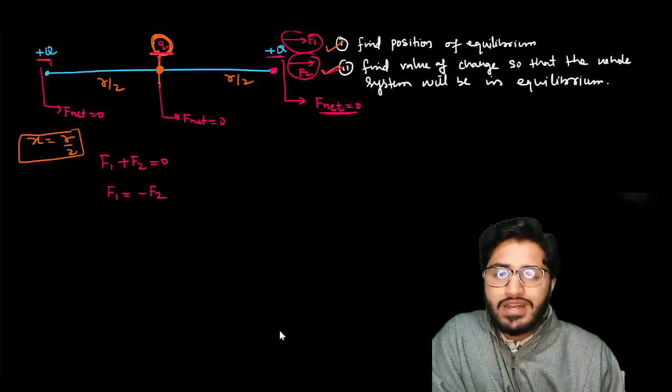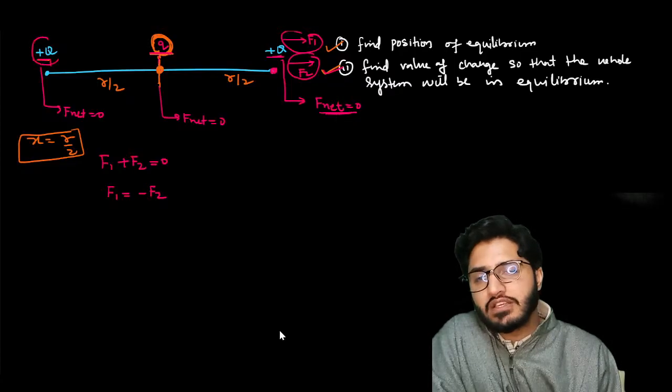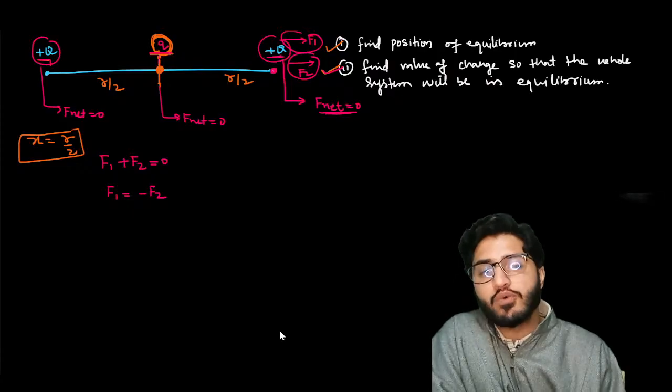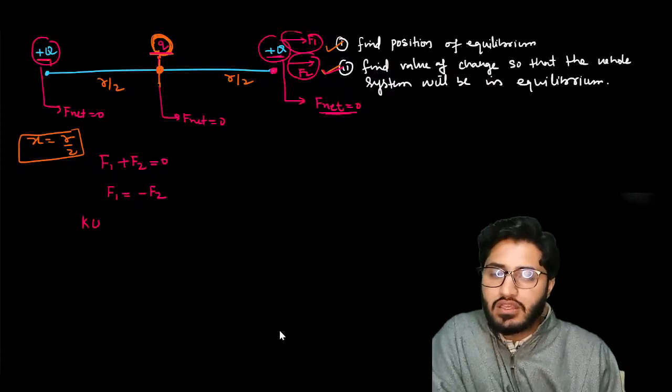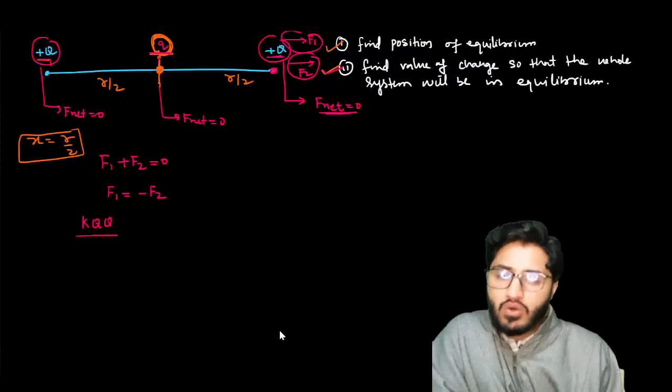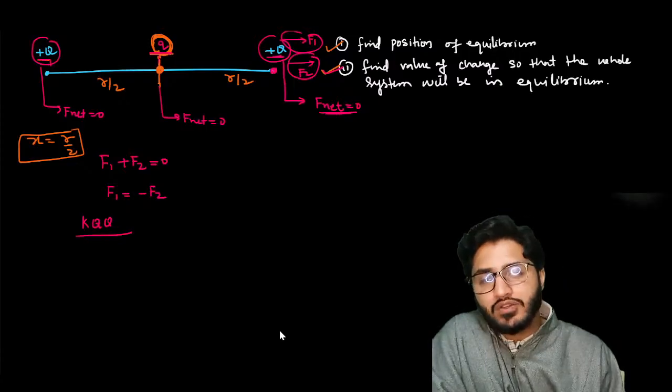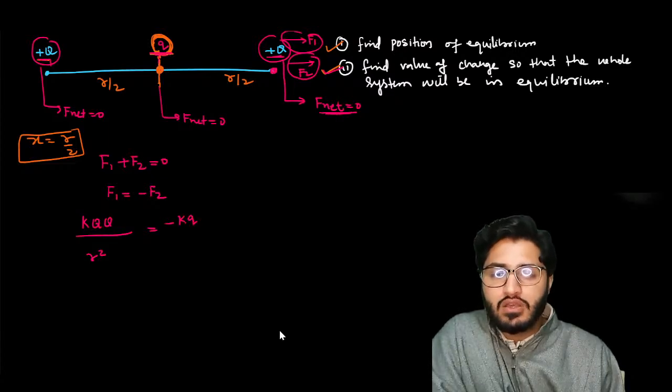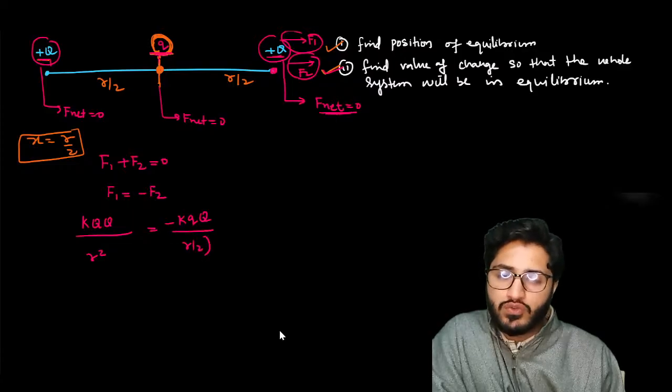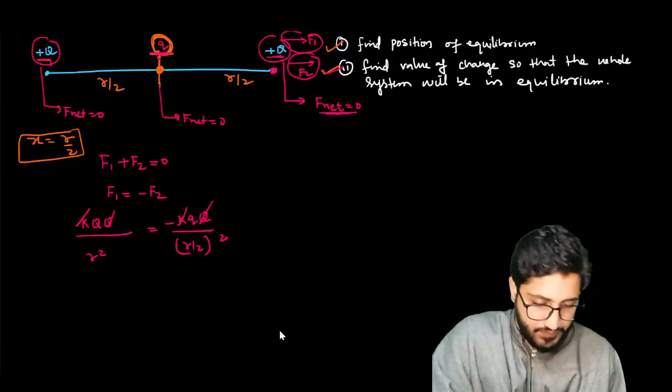What is F1? F1 is between this one and this one. So it is K, Q, Q by the whole distance, which is R, so R square. This is equal to F2, between these two: minus K, Q, Q whole divided by R by 2 whole square. Look, one Q cancels out, one K cancels out.